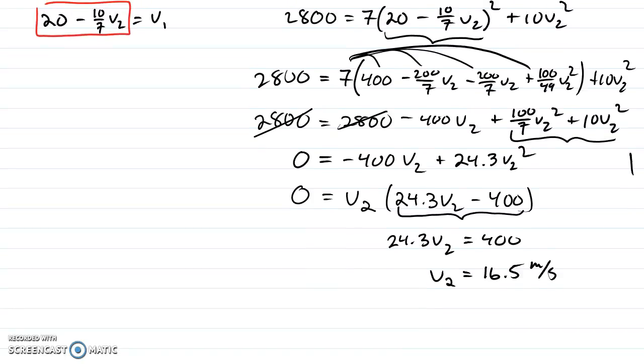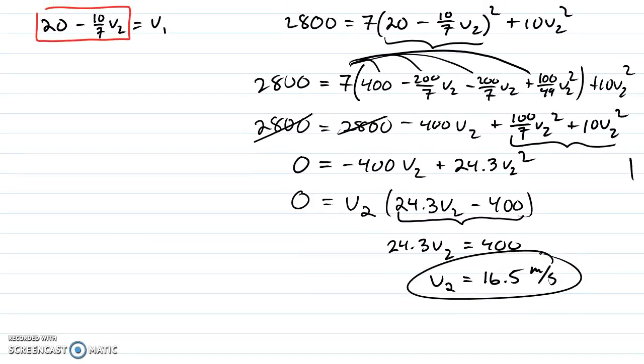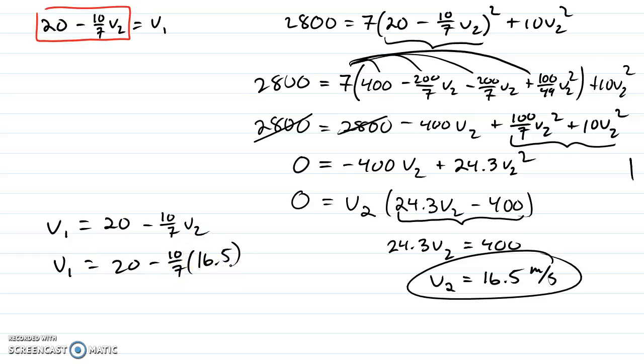Now I have to go back and plug that in to this up here. So v1 is going to be 20 minus 10/7 v2. That's 10/7 times 16.5.